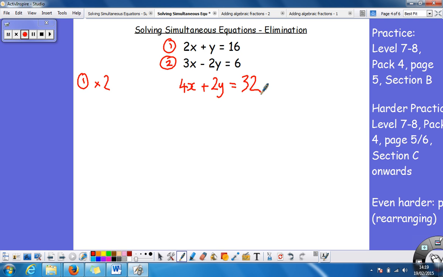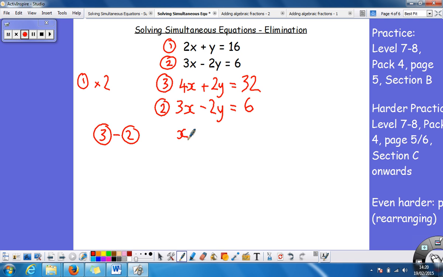So now I've got the same coefficient, but one of them is negative and one of them is positive. If we were to do exactly what we did before, this is now called equation 3, if I did now equation 3 take away equation 2, let's see what happens. There's my equation 2. So let's do 3 take away 2. I'm going to get 4x take away 3x is x, fine.